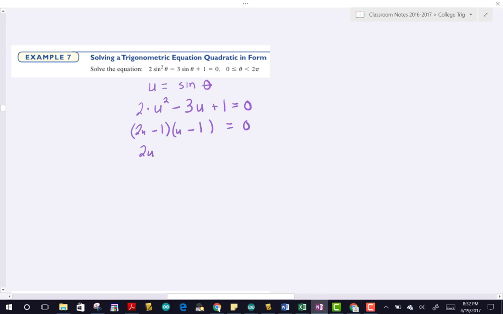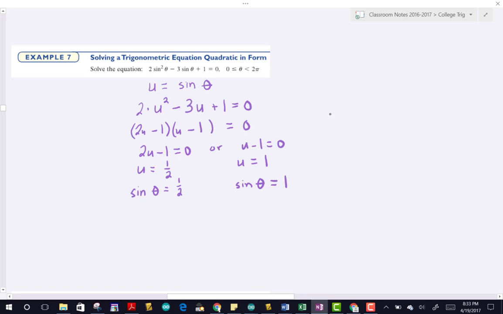So if 2u minus 1 is equal to 0, or u minus 1 is equal to 0, then u is a half, or u is 1. But I have to do my substitution. So I'm looking for places where the sine of theta is equal to a half, or where the sine of theta is equal to 1.